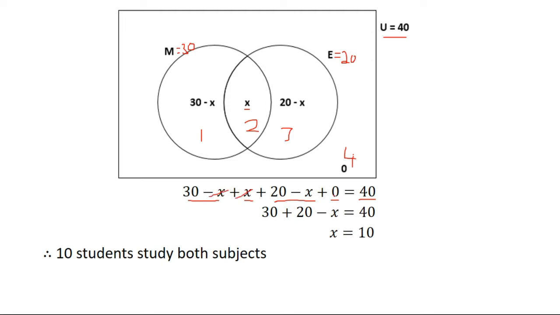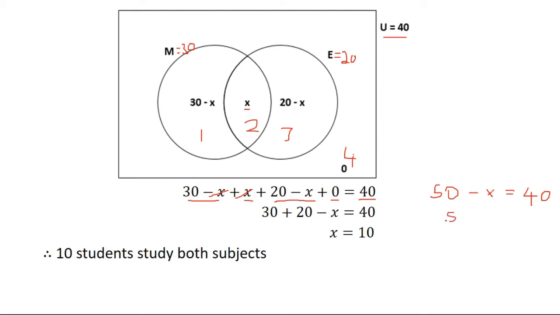So here is already 0, so we have 30 plus 20 minus S. 30 plus 20 will give us 50, so you are going to get 50 minus S equal to 40. Now here is how I'm going to do it. I'm going to bring the 40 here, then I'll send the S here, so that you can make S the subject.